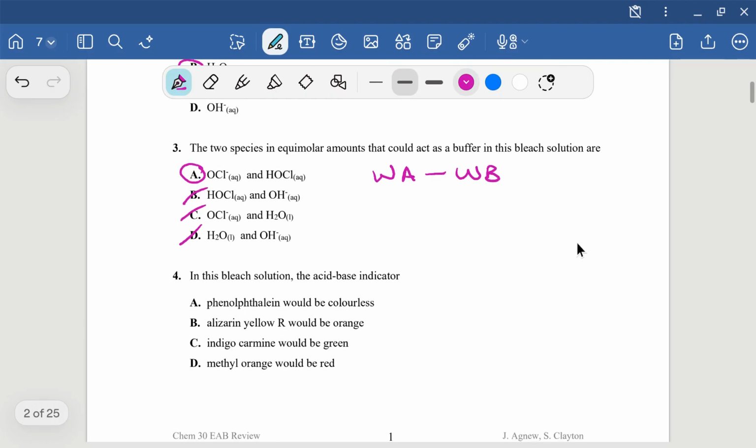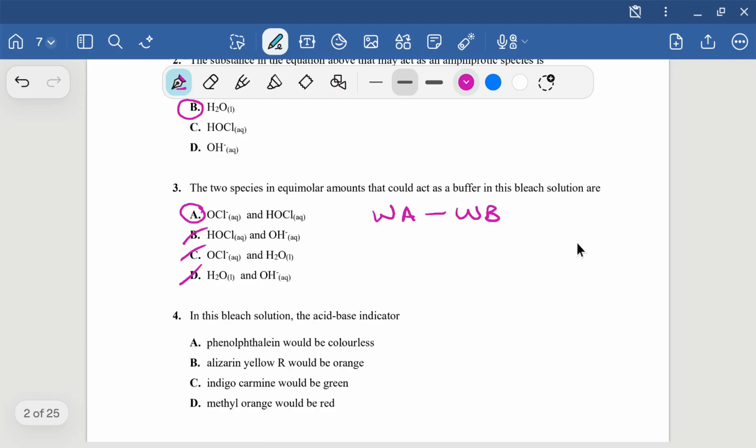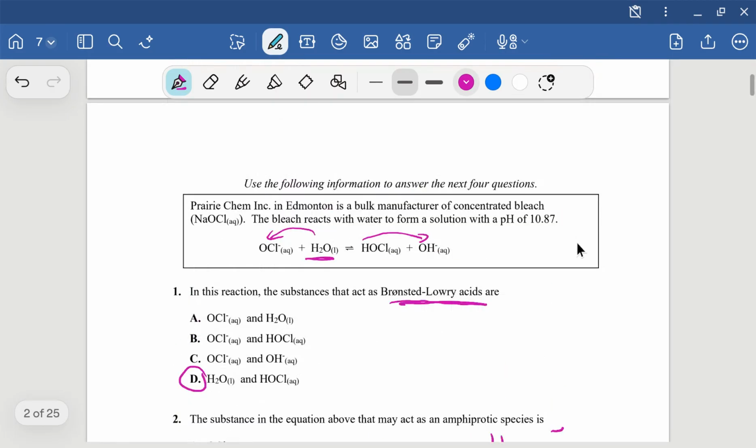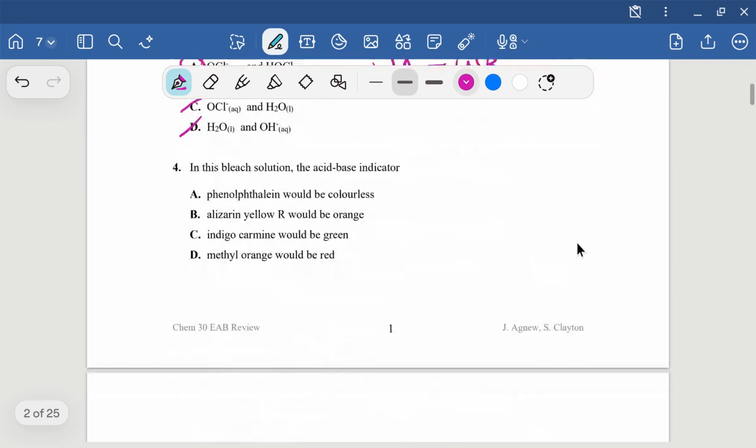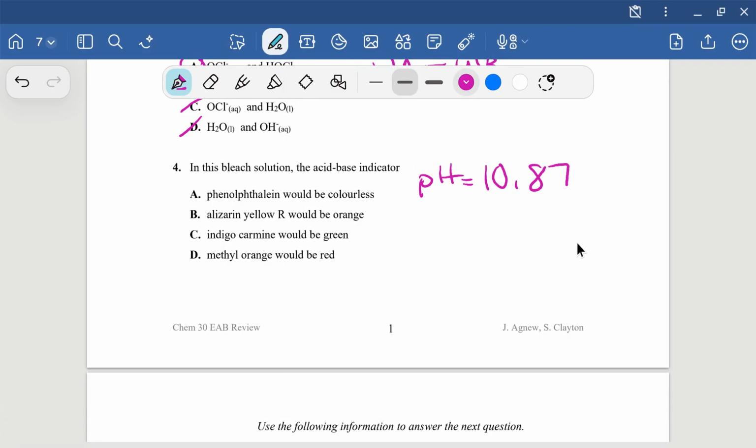Moving on to number 4, the bleach solution. Part of this information up here does tell you the pH of the solution, so the pH is 10.87. Then you take a look at your data booklet and go through the choices. Phenolphthalein would be colorless? That's not true. That would be pink because it's base.